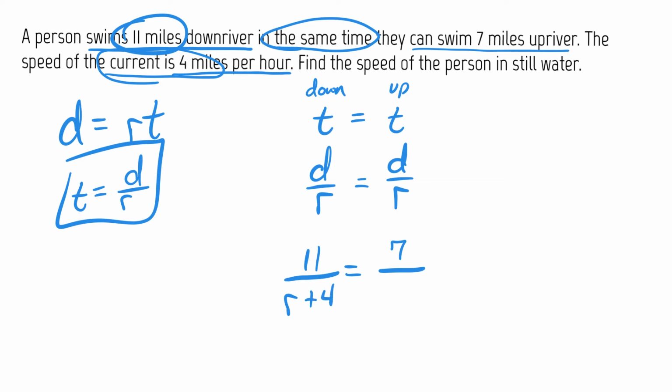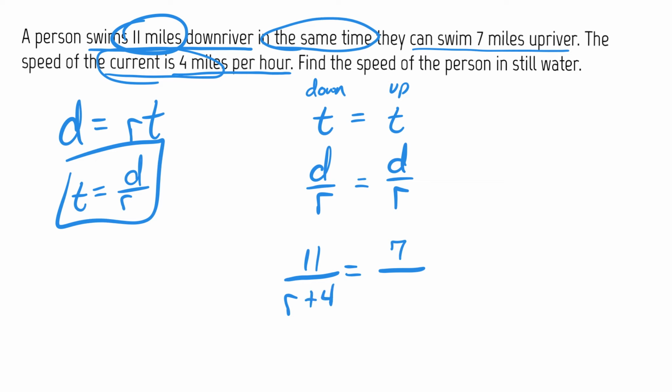So what we do here is we cross multiply. That would give us 11r, 11 times the r, minus 11 times the 4, which is 44. And then on the other side, we have 7 times r, 7r, 7 times 4, which is 28.